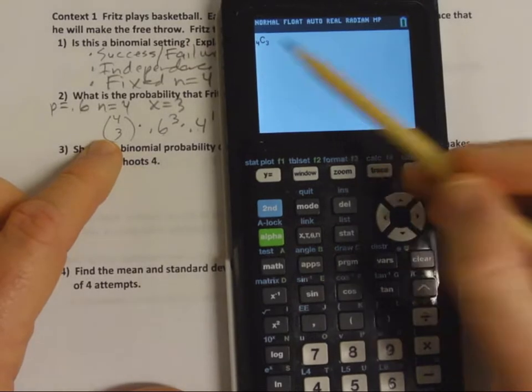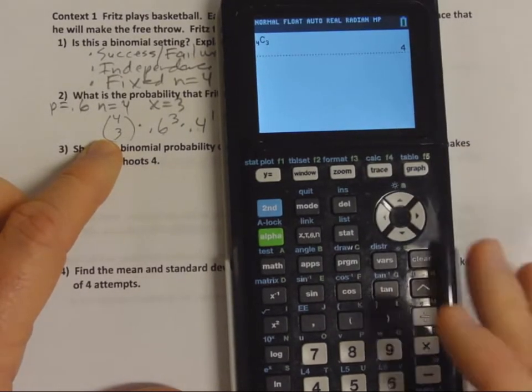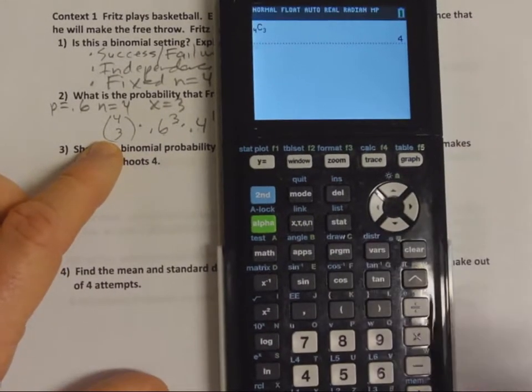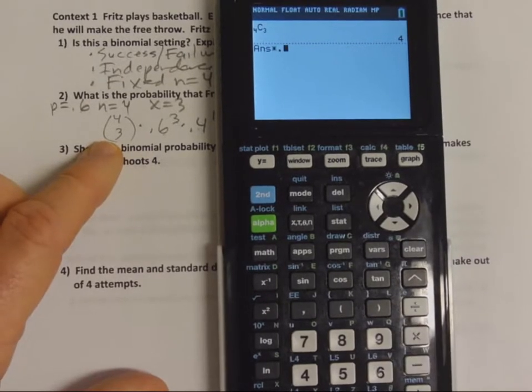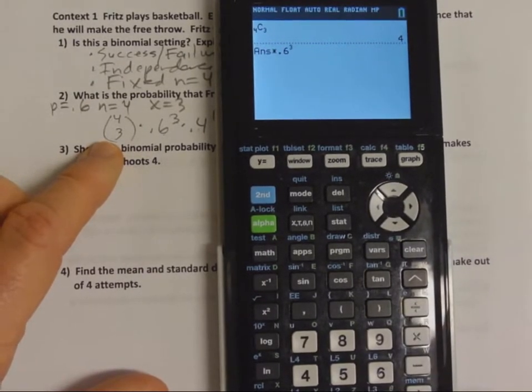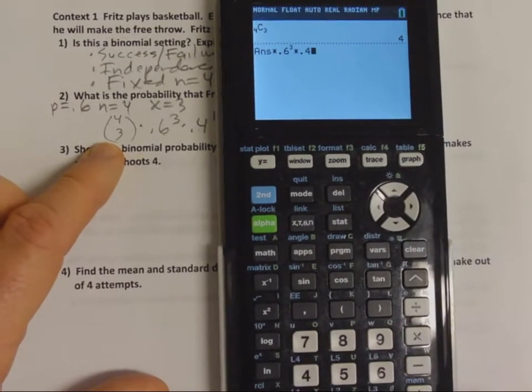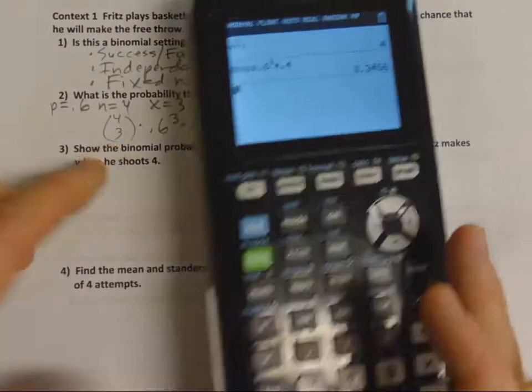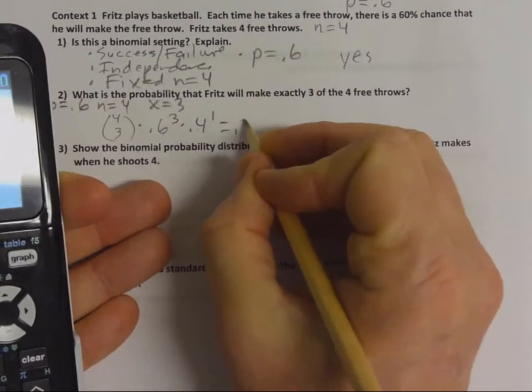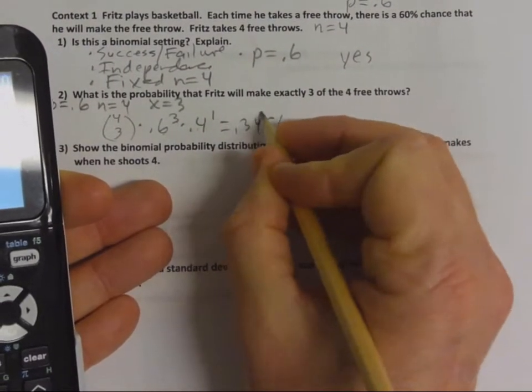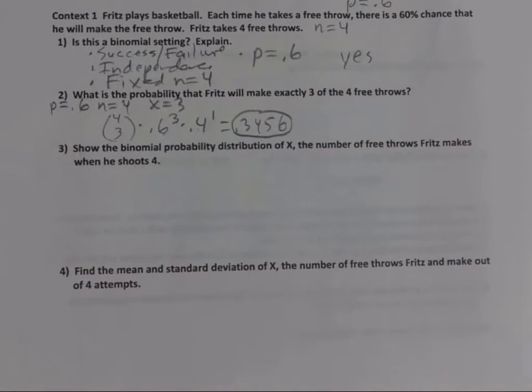So you just enter 4 and 3 into there, and sure enough, that's equal to 4. And so I will now say, okay, 4 times 0.6 to the third power, right arrow over, and then times 0.4 to the first power, and so that is equal to 0.3456. 0.3456, boom. That's how you do it, all right?